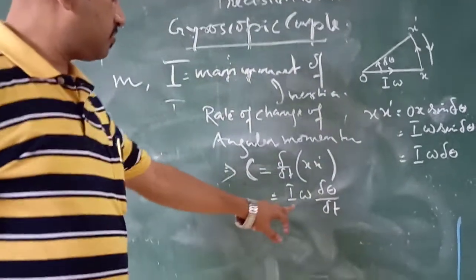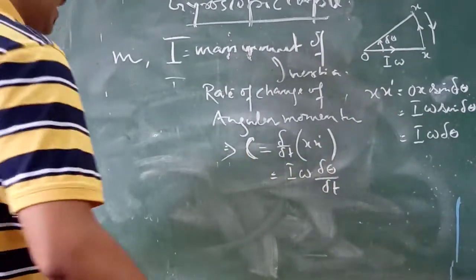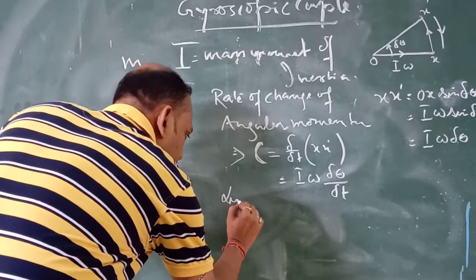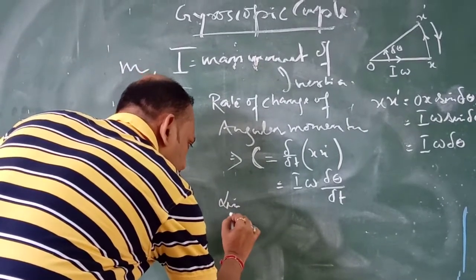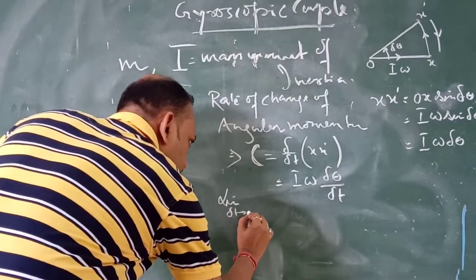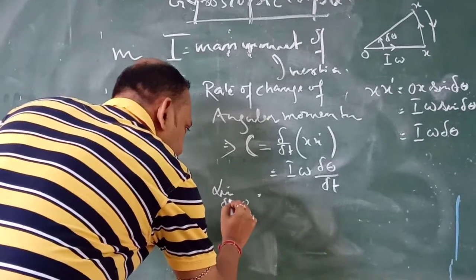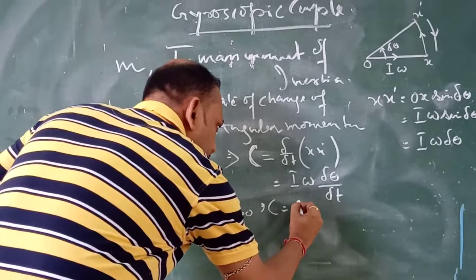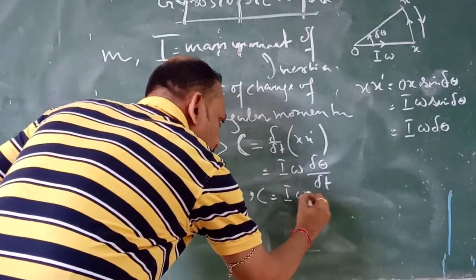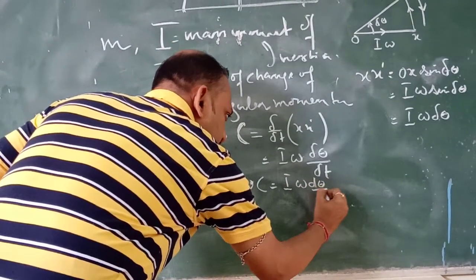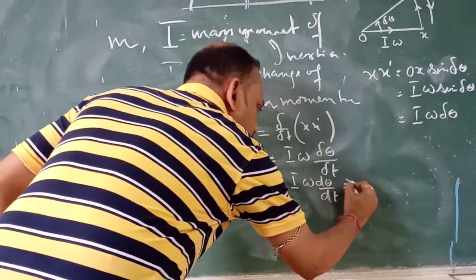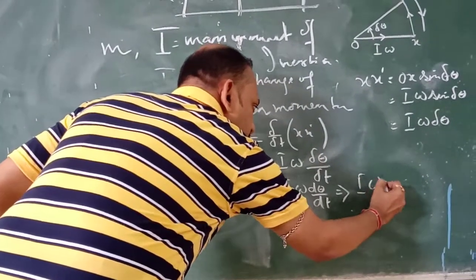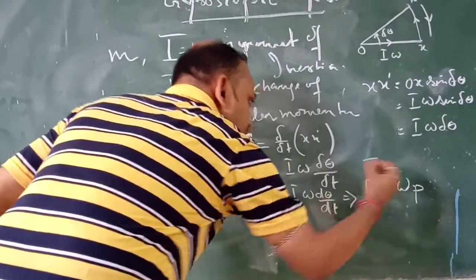This is equal to I omega del theta by del t, and in the limit, when del t tends to 0, del theta tends to 0, then the total expression of couple becomes I omega d theta by dt, that can be written as I omega omega p.